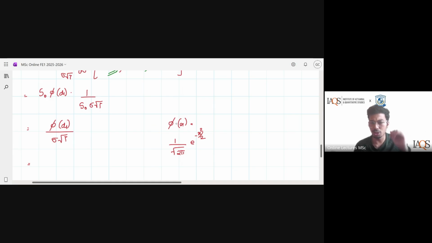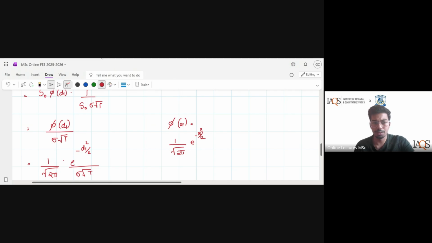Phi of x is 1 by root 2 pi into e raised to minus x square by 2. On similar lines, this will become 1 upon root 2 pi into e raised to minus d1 square by 2, the whole upon sigma root t. Any questions till here?